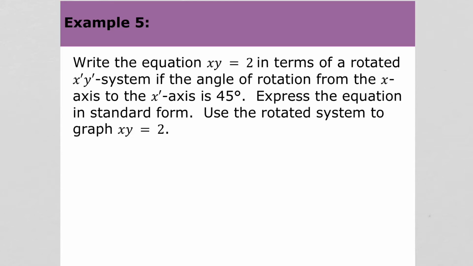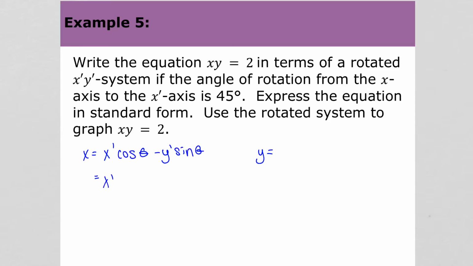So example 5 says, write the equation xy equals 2 in terms of a rotated system if the angle of rotation is 45 degrees. Okay, so if the angle of rotation is 45 degrees, then we can find x and y. x is x prime cosine of theta minus y prime sine of theta.